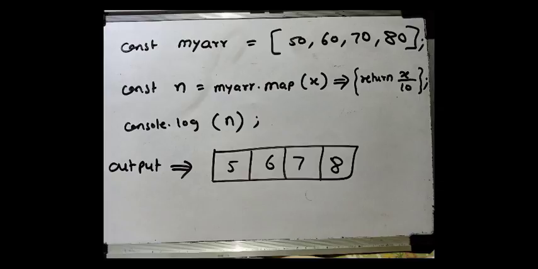Let's say you have four values 50, 60, 70, 80. Map will create another array using each element x such that it does x by 10. So if you use console.log, the output you will get is 50 by 10 is 5, 60 by 10 is 6, 70 by 10 is 7, 80 by 10 is 8.